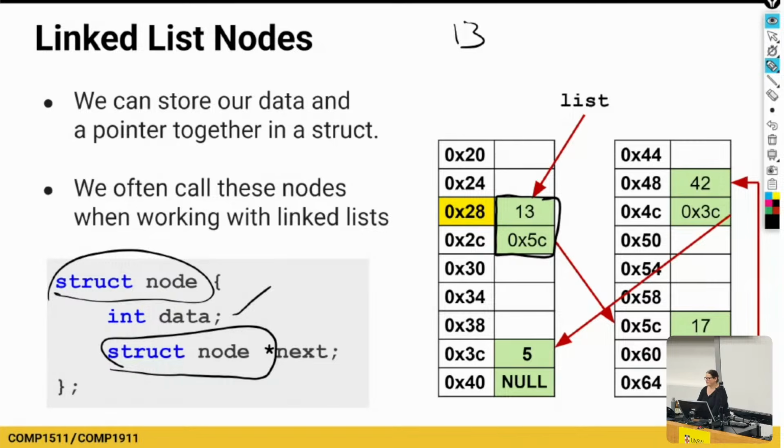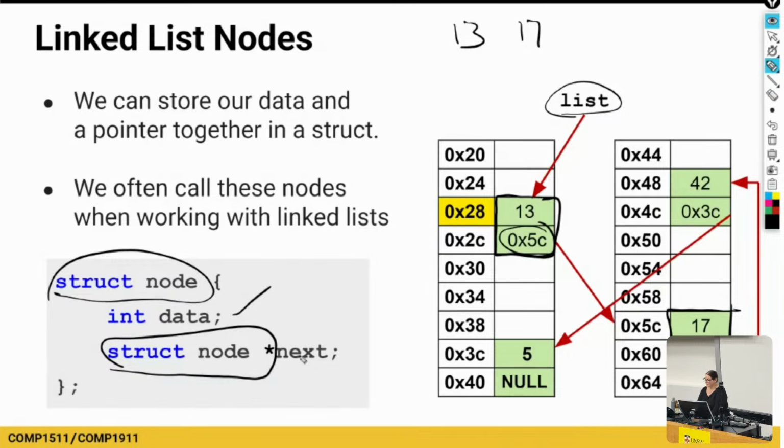So this node tells us where to find the next node. The list itself will have a variable keeping track of the first node, but then the first node knows where the next node is. It's got this field here that's saying, okay, the next node is at address 5C. So if we go to 5C in memory, we're going to find another struct. If we look at the data field, it has 17.